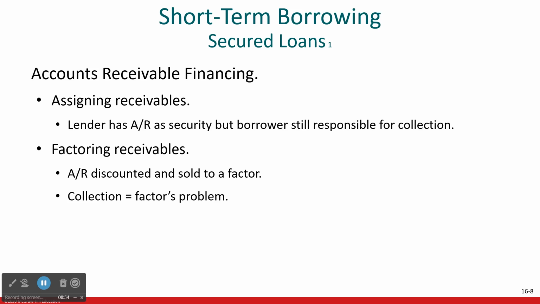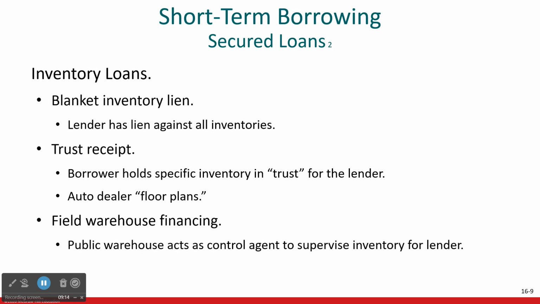We can do the assigning receivables, or we can also do factoring receivables, which means that we essentially sell it to a collection agency for a percentage of the value. So maybe if we have $100 million in collections, we sell it to a collection agency for $60 million, and then they go after those.